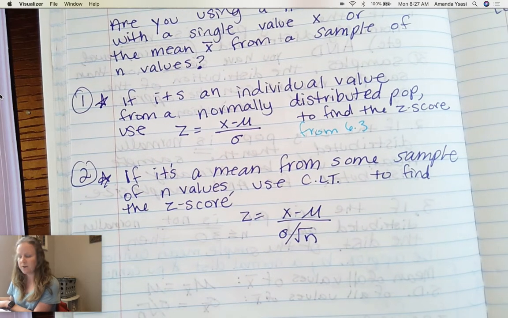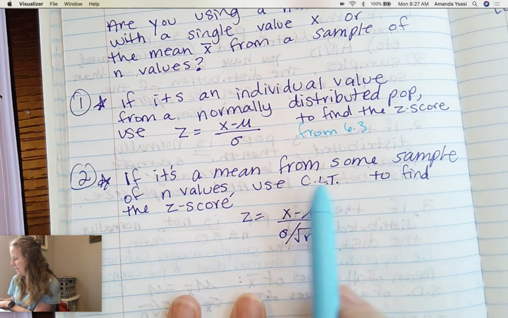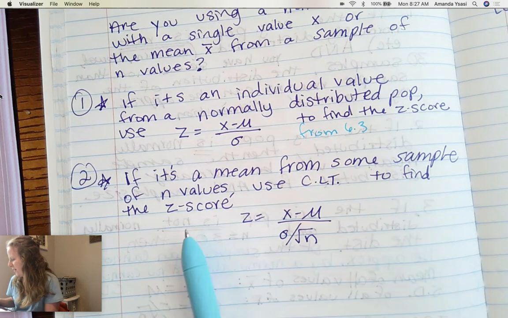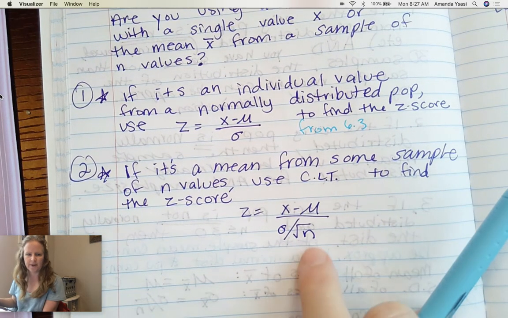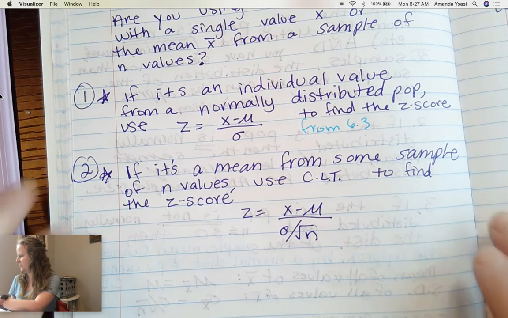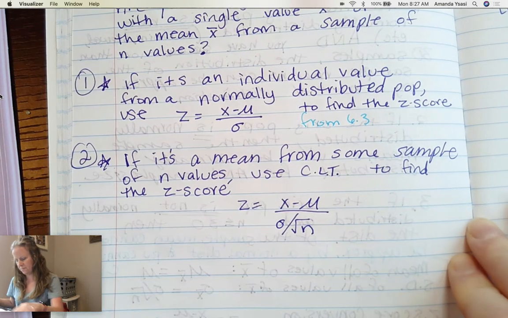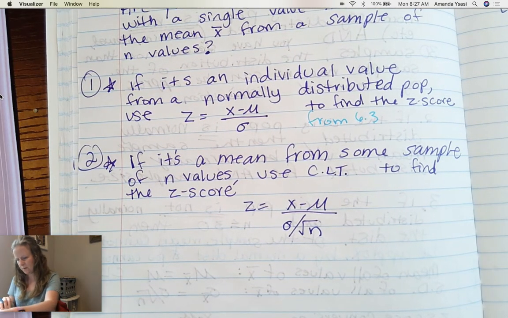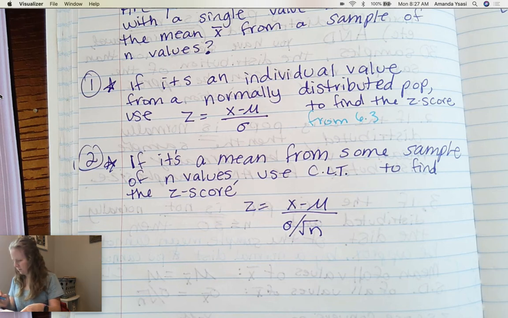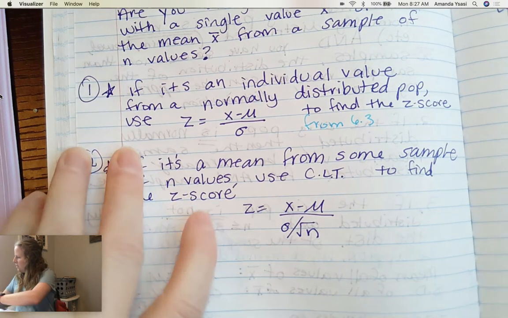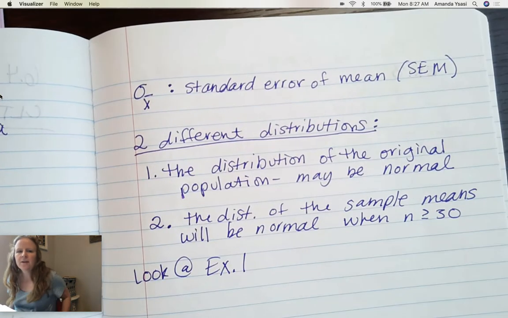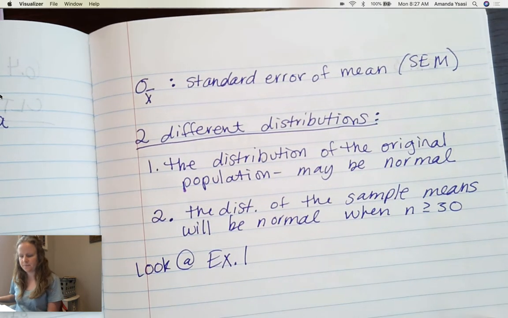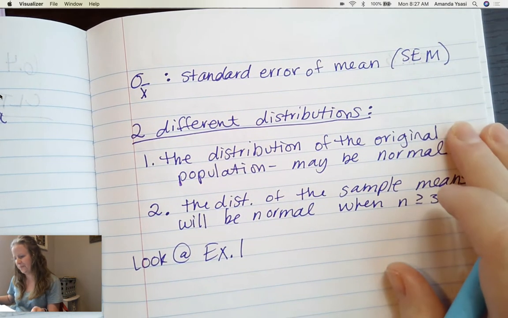However, number 2, if it's a mean from some sample of n values, use the central limit theorem to find the z-score. So this is that new formula that we wrote on the last page. Theta x bar is the standard error of the mean, so you might see it as SEM.